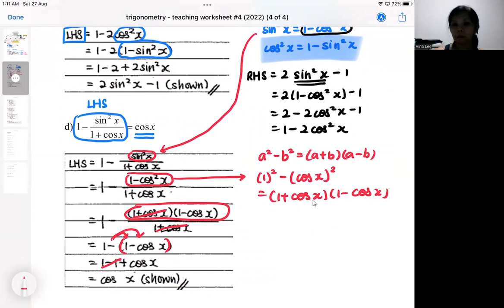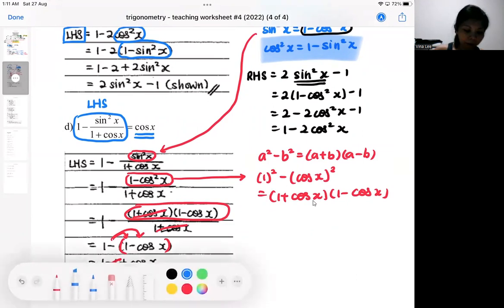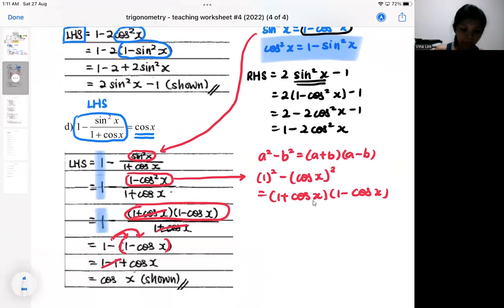Okay, so far I have been ignoring the 1 here. So I was very, very focused on the fraction. So I replace sine square with the idea that I can actually factorize. So a square minus b square factorization is one of the possible techniques sometimes.